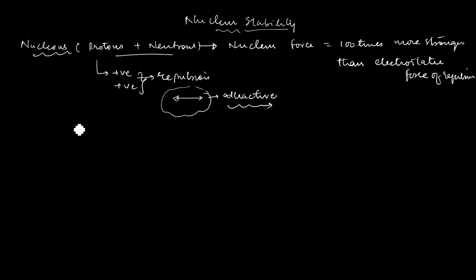Now if you see, we have many elements, and apart from these elements we have radioactive substances. We have 114 elements, and all these elements have isotopes.